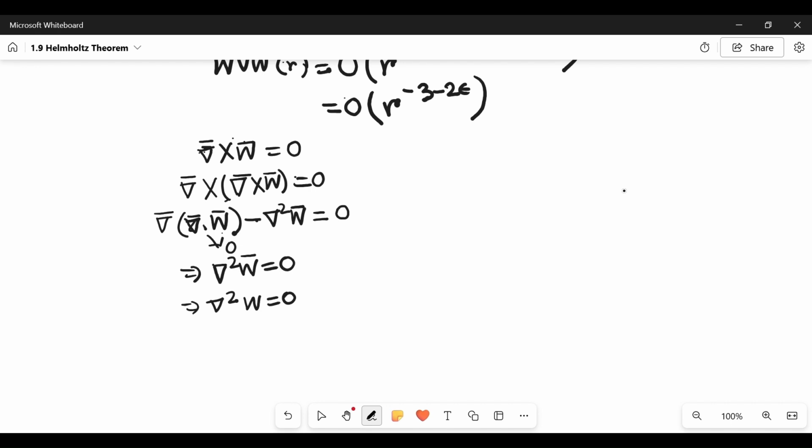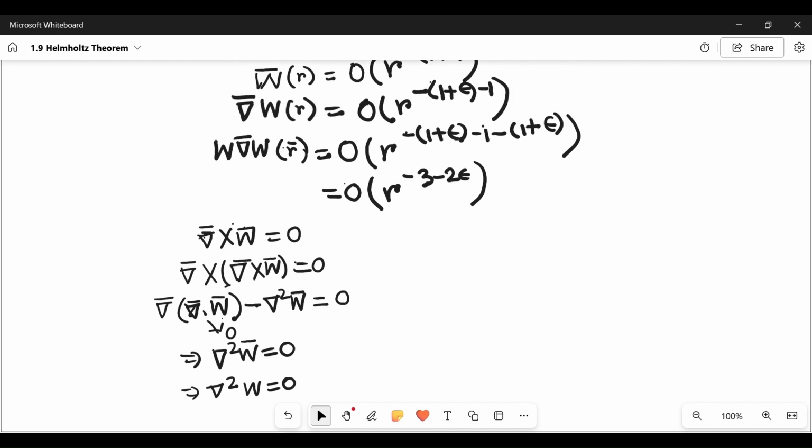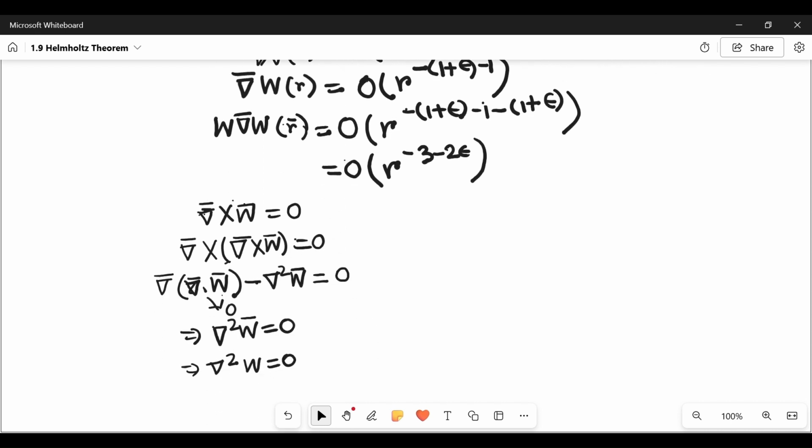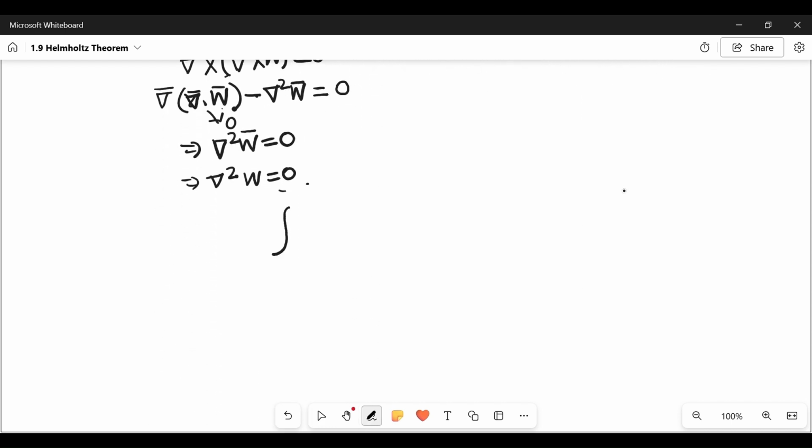So incorporating the results in Green's first identity, we get a volume integral of this quantity is 0.